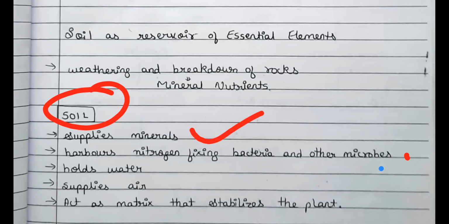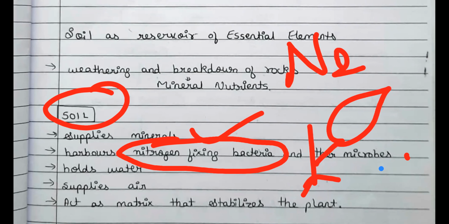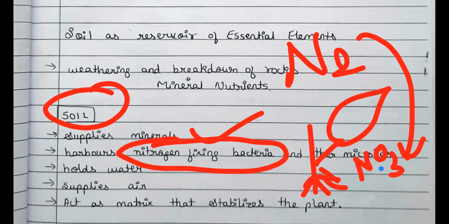In that, microbes are present in the soil, particularly nitrogen fixing bacteria, which help in nitrogen fixation. Plants cannot directly absorb nitrogen from the atmosphere. It has first to be converted into either nitrate, nitrite, or ammonium.